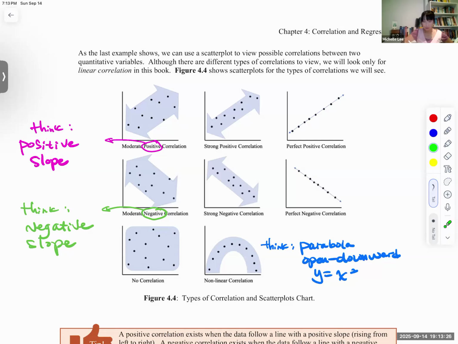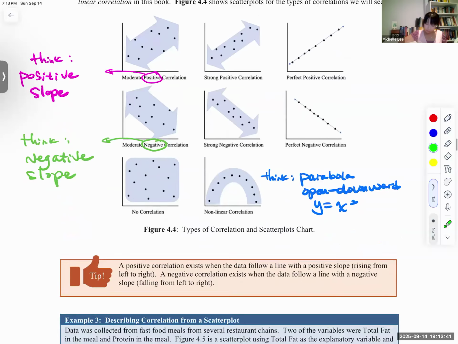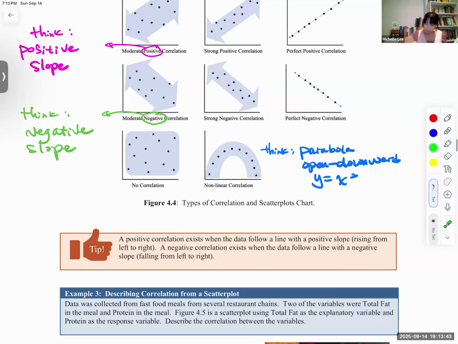So this is a nonlinear correlation. A correlation exists, but not linearly, right? It does not mean that there is no correlation at all. Is it clear? Okay. So they talk about positive slope, negative slope too.